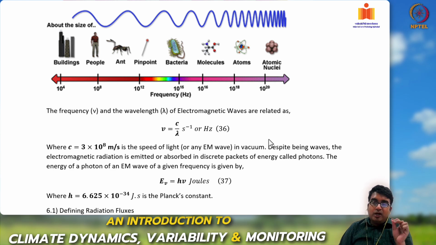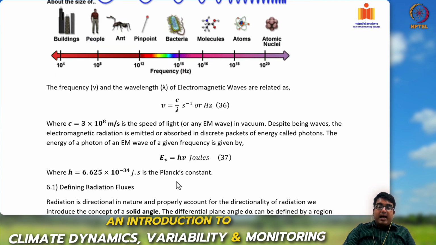The energy of these individual photons is related to frequency as E equals h into nu. h is a constant called the Planck constant, which is 6.6 into 10 to the power minus 34 joule second. So clearly, the energy of photons is quite small, especially for low frequency waves.